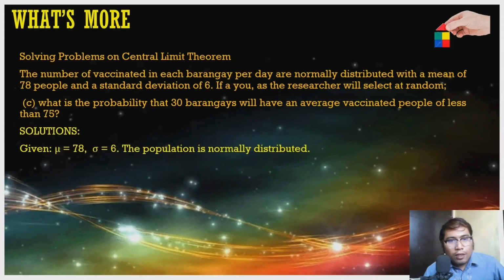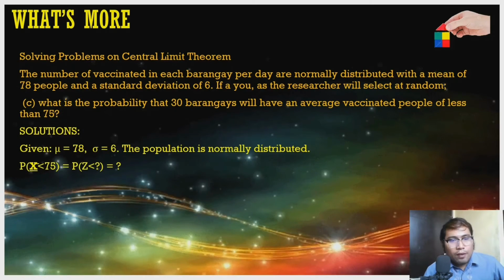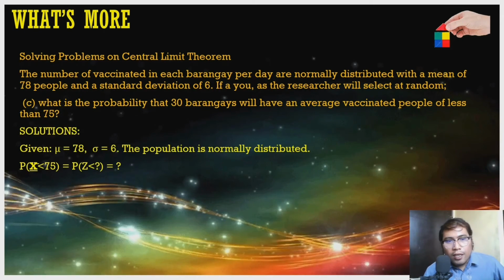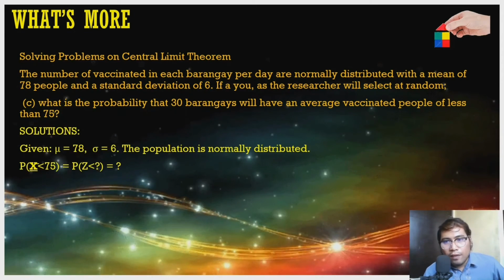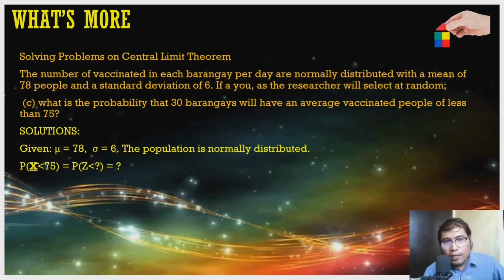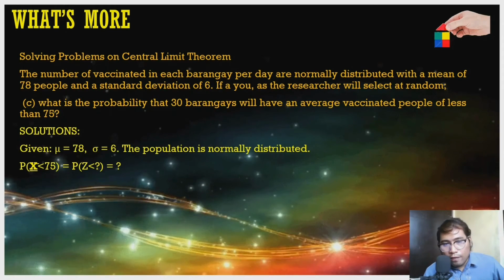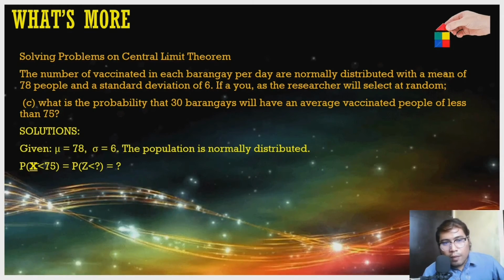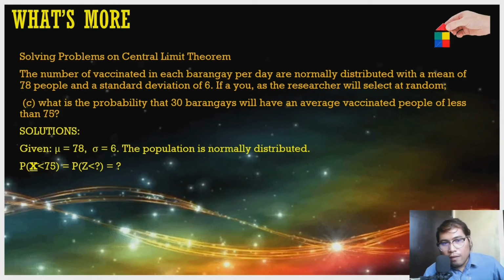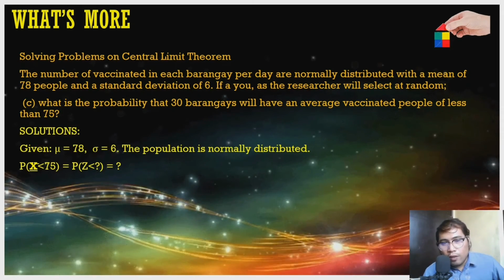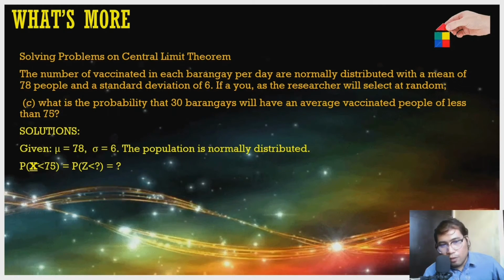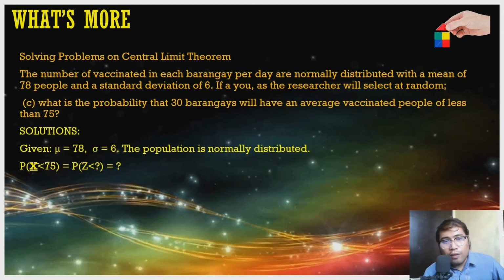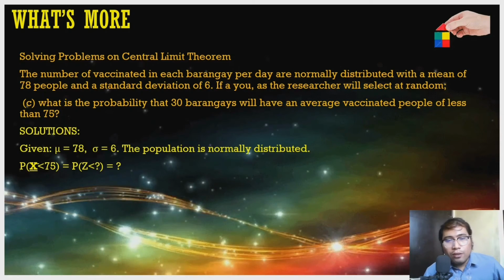So we can say that the P of x bar less than 75, since we're still looking for the probability of less than 75, is also equal to the probability of z less than the unknown, which we are going to find by converting the value of x bar into the z score.